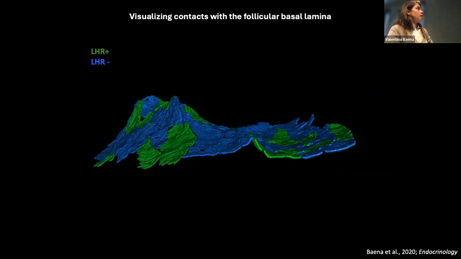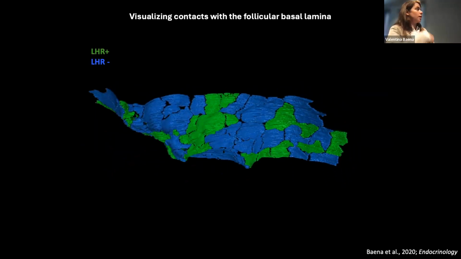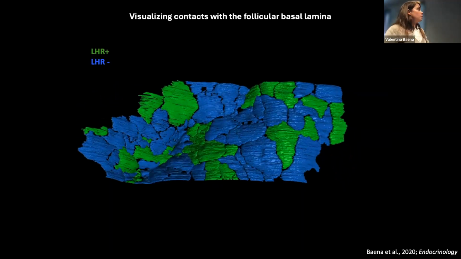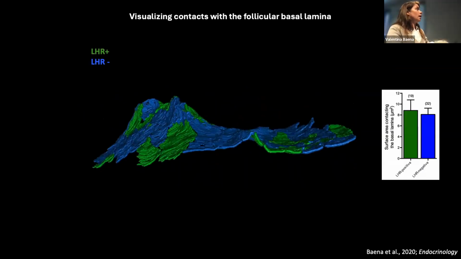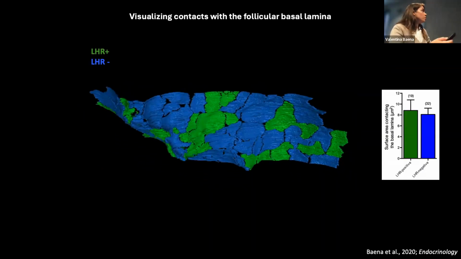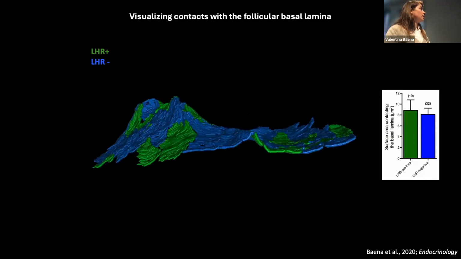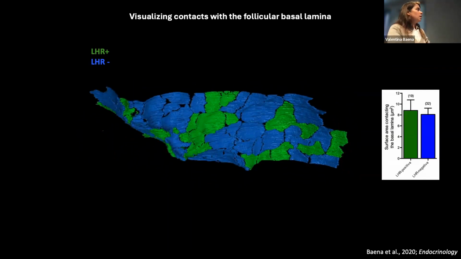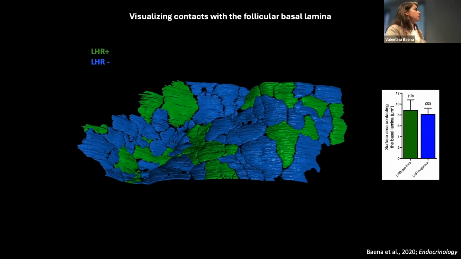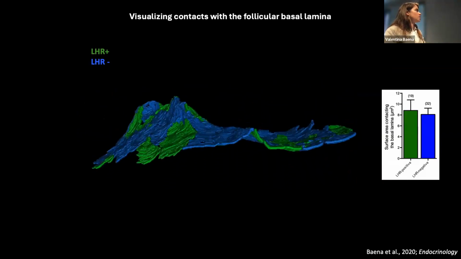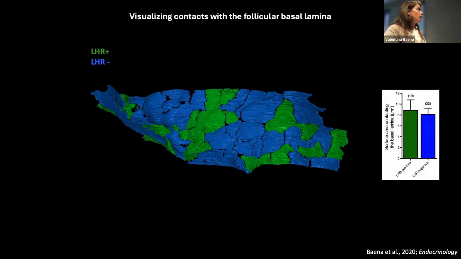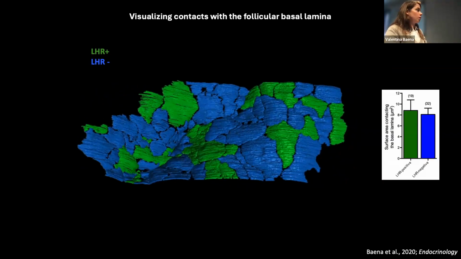And these are those contact sites between those cells and the basal lamina. So we just started looking at that, some quantitation, no difference. No difference there, but just highlighting that is something that is possible, and just appreciate the size of that volume. This is many cells. I wish I had a scale bar here now that I think about it, but it's an extremely large volume.